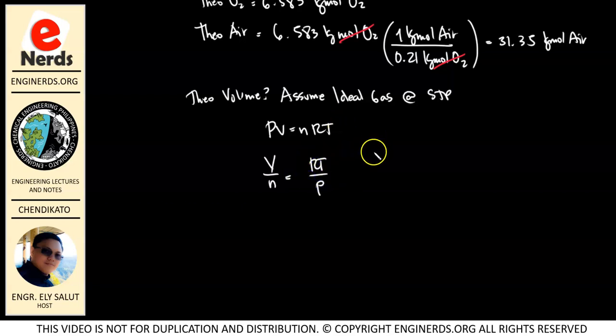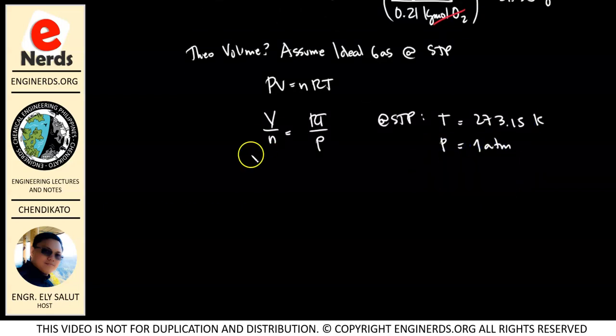And since we are at STP, therefore, our temperature is at 273.15 Kelvin, and our pressure is 1 atmosphere.